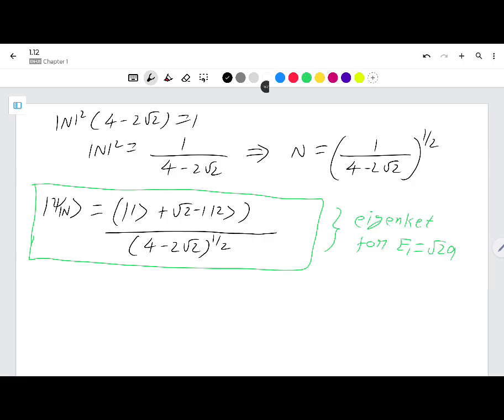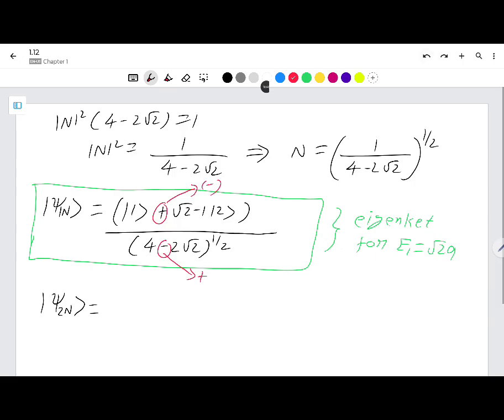Similarly, we can just do it for the other state, and only the signs will change. Which signs? This negative will become positive, this positive will become negative.